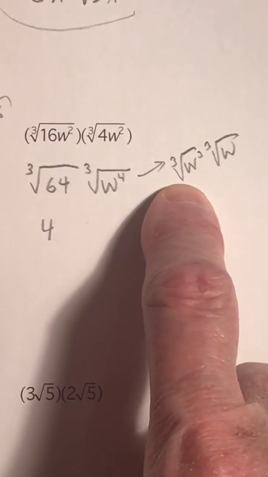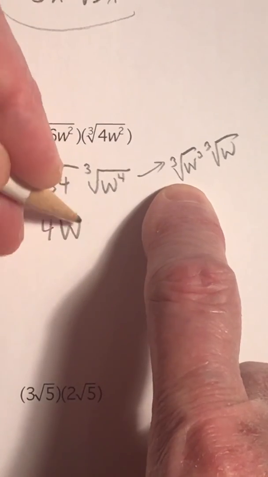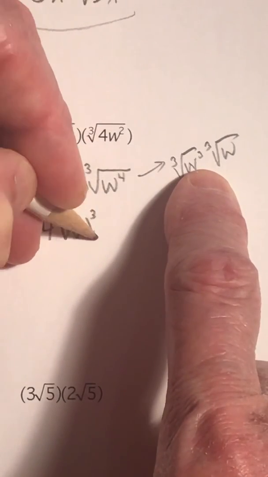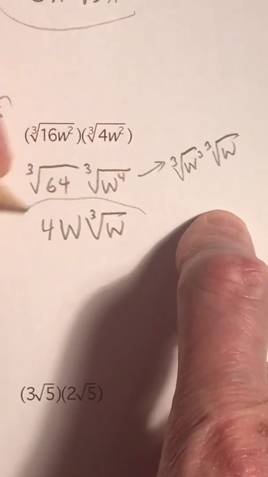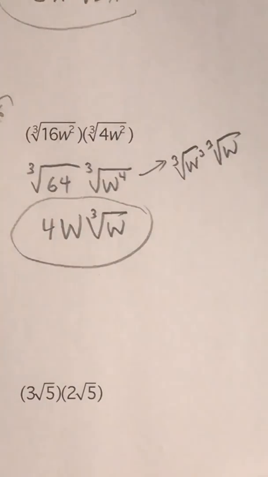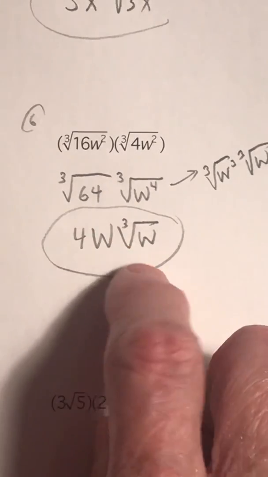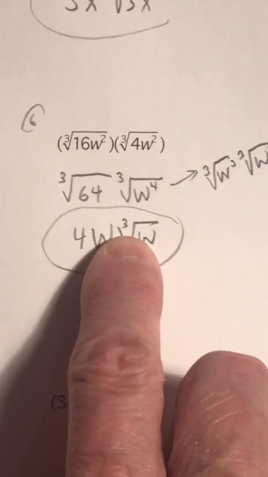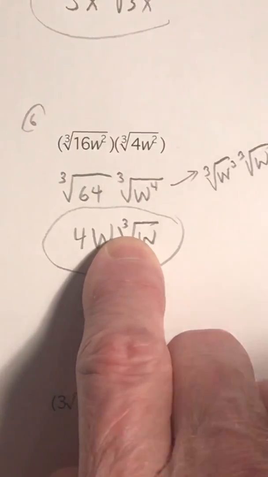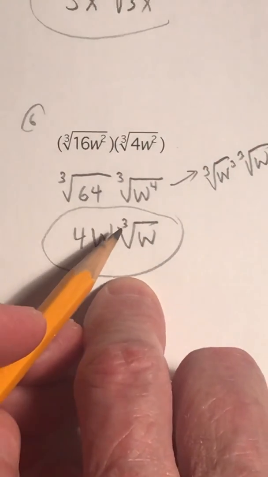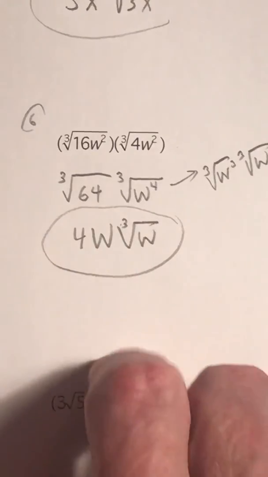So this one will change to a plain old w, and we'll keep the cube root w there. And that takes care of that for exercise 6. 4w cube root w. Notice again, I'm careful with my writing of my answer, making sure that it's clear this is an index, not an exponent.